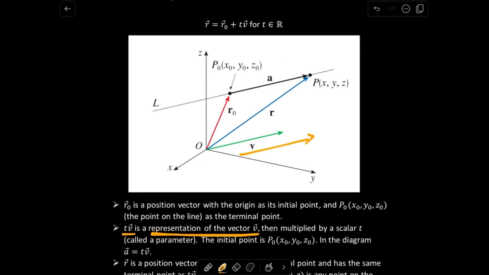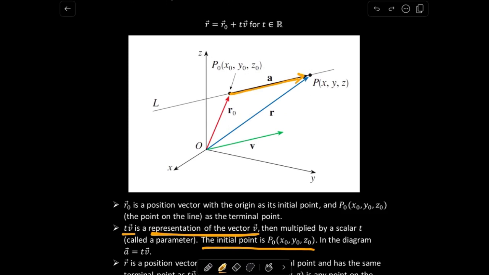Now, the initial point is going to be p0, the point that we have on the line. So we are taking this representation of vector v, and it is going to start at that p0 that we have on the line.